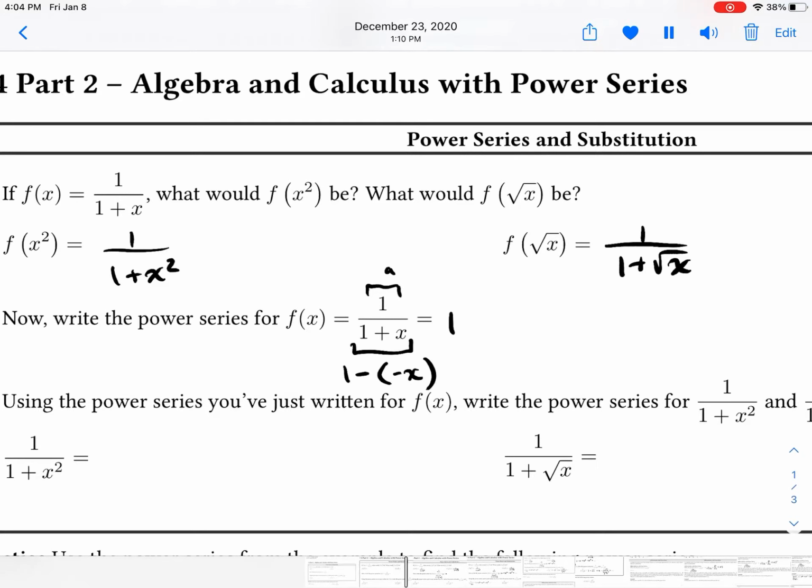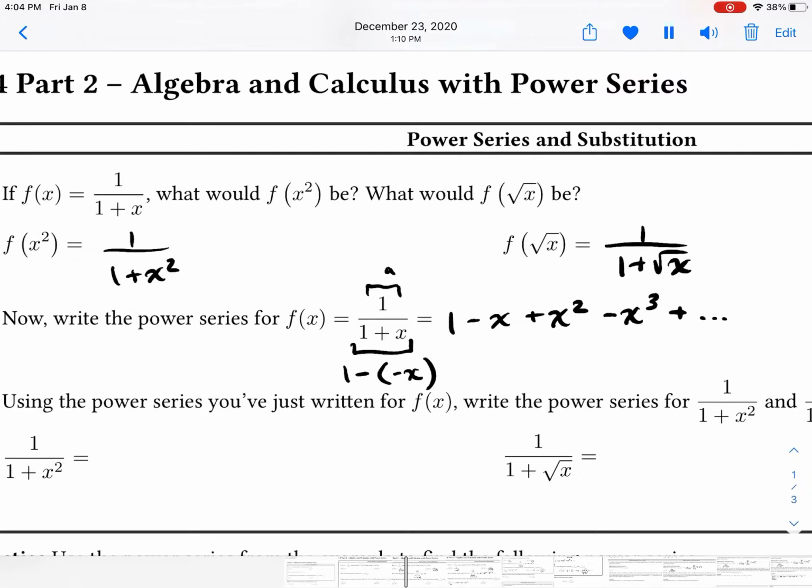So our common ratio is actually negative x. So this series would look like 1 minus x, and now we multiply this negative x by a negative x. So that's plus x squared minus x cubed, and this is just going to keep going. It's going to alternate back and forth with the signs.